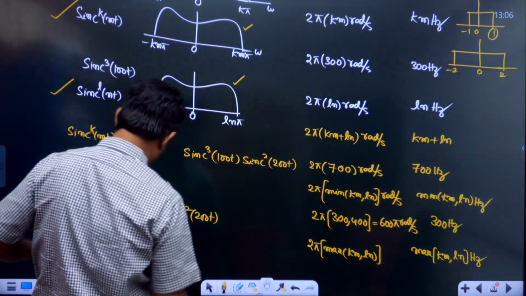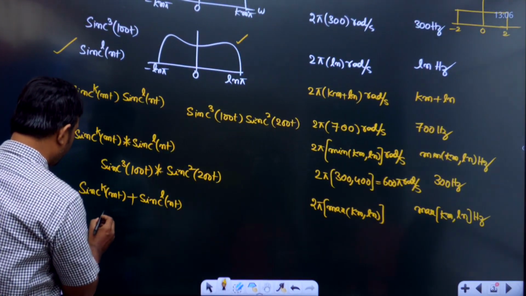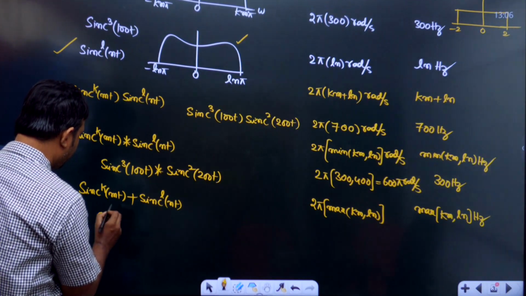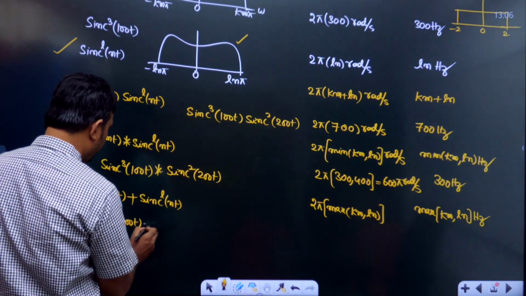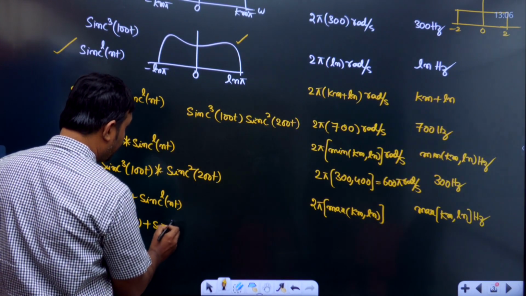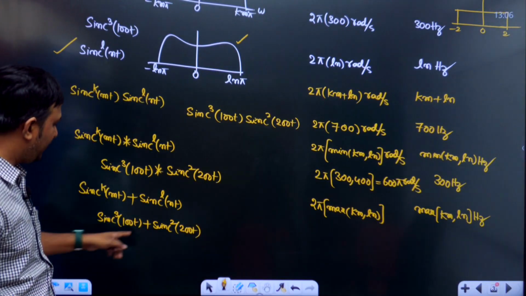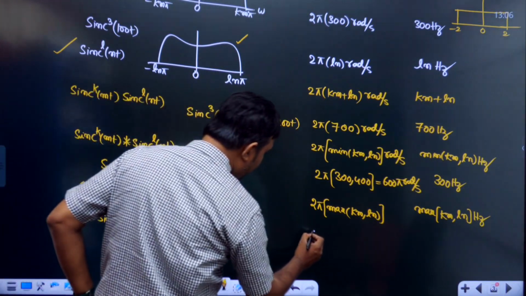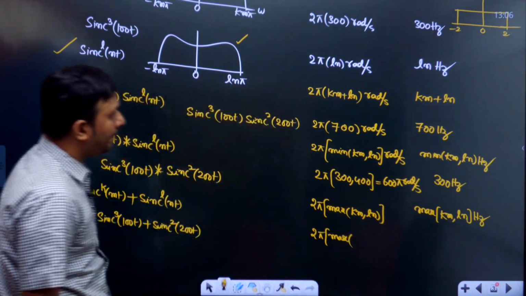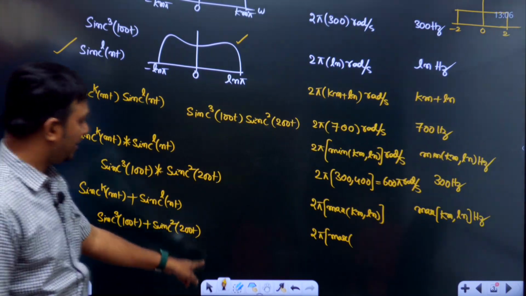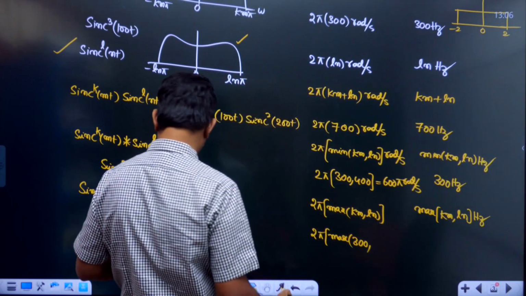Now observe here, sinc cube of 100t plus sinc square of 200t. If I ask you, plus means 2 pi into the maximum of what? The maximum of 300 comma 400.